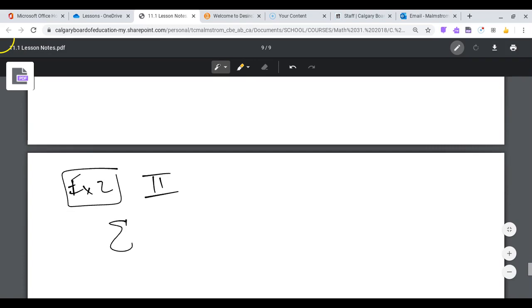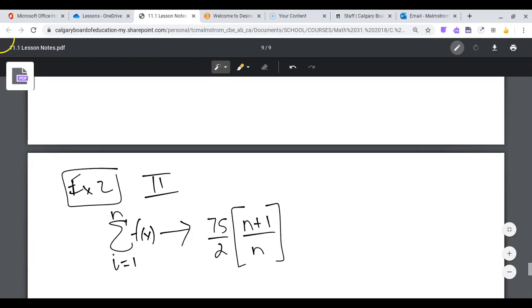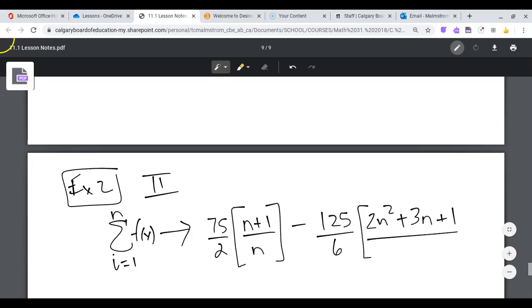We knew that the sum formula for our function came out to be, now I'm writing shorthand here, 75 on 2 multiplied by n plus 1, this is the simplest one, with the n's canceled, minus 125 on 6 multiplied by 2n squared plus 3n plus 1 on n squared.